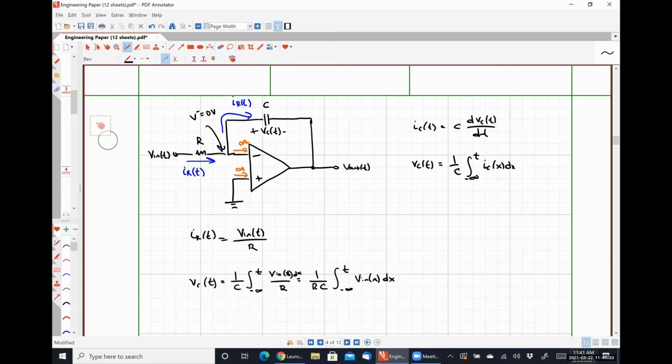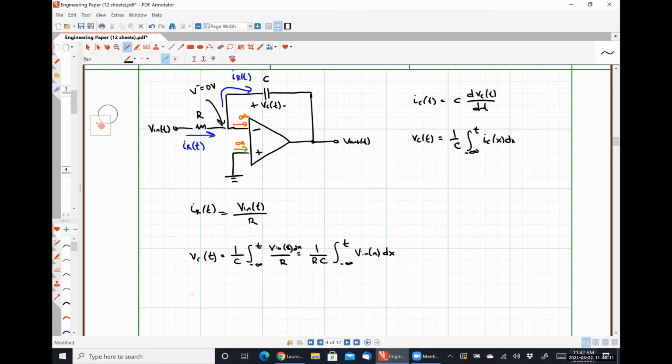So how can I relate VC of t to V out? What's the nodal voltage at the positive polarity terminal of VC of t? 0. What's the nodal voltage at the negative polarity terminal of VC of t? V out. So V out is exactly equal to negative VC, because it's the same voltage but with opposite polarities.